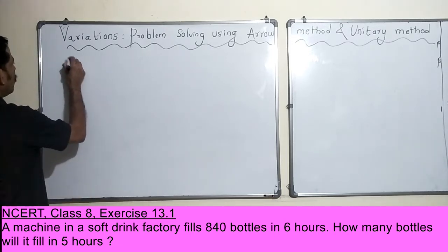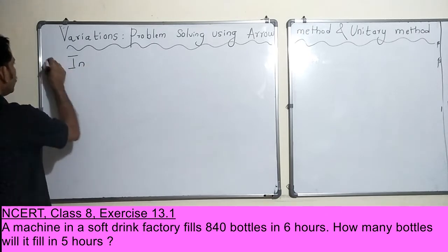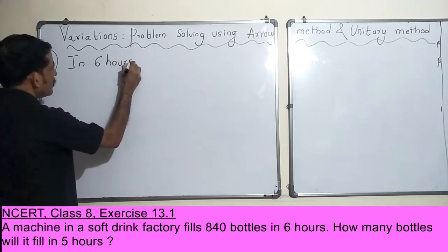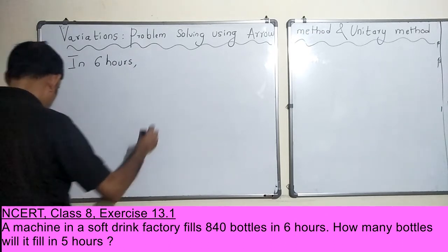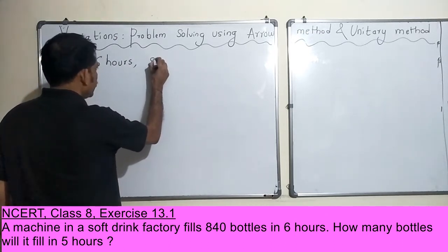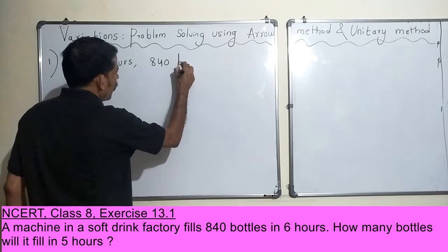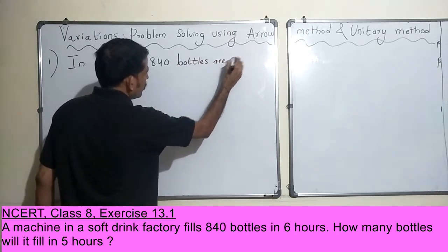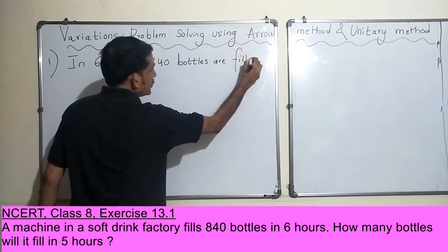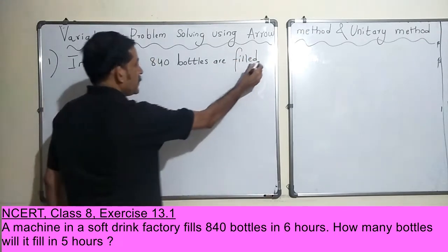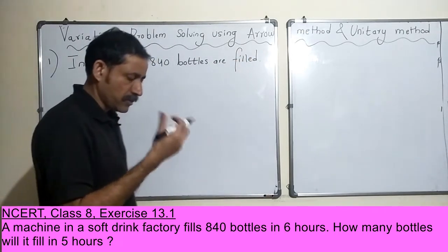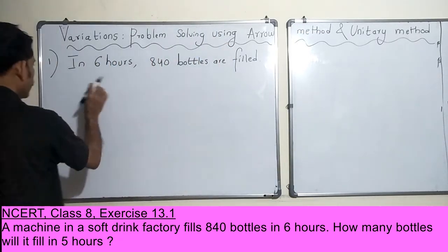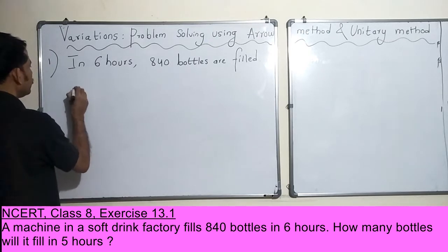A machine in a soft drink factory fills 840 bottles in 6 hours. So in 6 hours, 840 bottles are filled. If it is a unitary method, we need to find out the value associated with 1 unit. So in this case, let's find out in 1 hour how many bottles are filled.